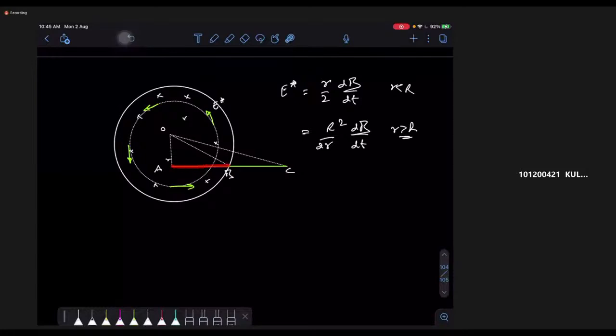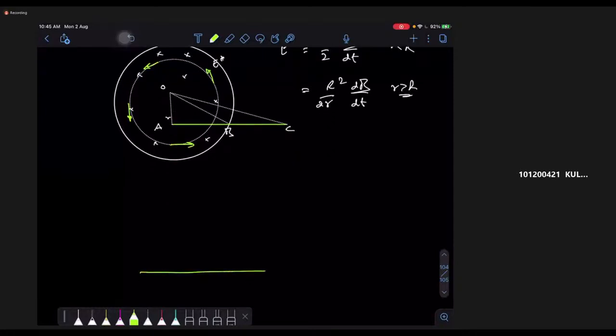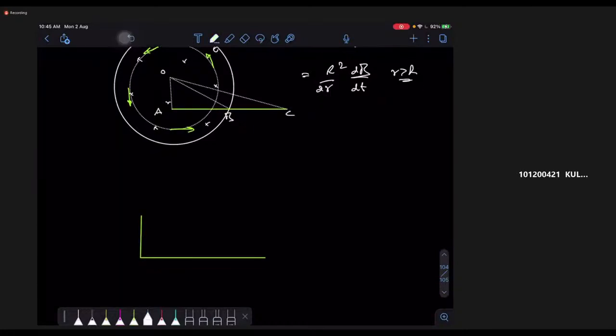So on the AB, if you consider the AB, it is going to have a component like this, right? Let me draw it once again this way. On the AB, the field has a component.